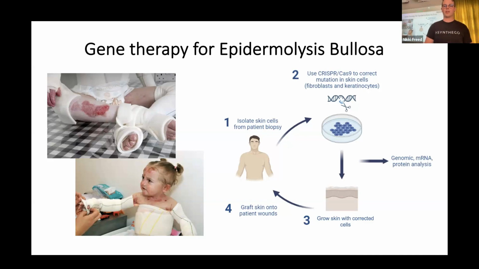So our gene therapy pathway, what that looks like is first we isolate skin cells from the patients, and then we use CRISPR-Cas9 to genetically correct the patient-specific mutations. We use those gene-corrected cells to grow sheets of skin, and hopefully the plan is to transplant these gene-corrected sheets of skin back onto problematic areas of the patient and restore the protein and hopefully restore the structural integrity of the skin. And obviously a key part of this whole pathway is analyzing our gene edits at the genomic level.